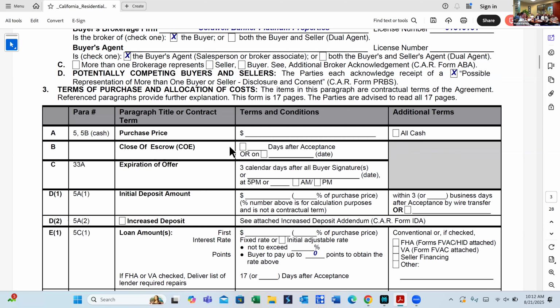And then section 3B, close of escrow. There's nothing filled in, but what I would suggest, there's a box, you check the box so many days after acceptance. And commonly we would say 30 or 45 days after acceptance. I don't suggest putting in a specified date. Let's assume we say, what is the date today? It is the 21st of August.